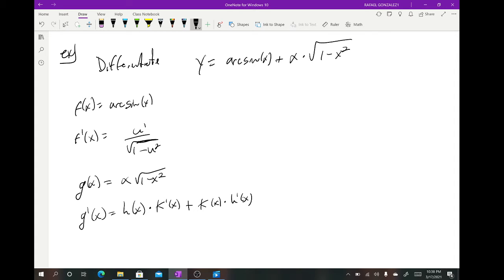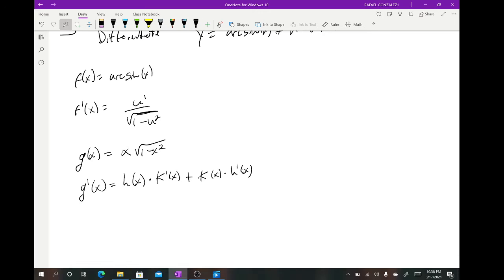So here you could let h of x be x, and you could let k of x be the square root of 1 minus x squared. To take the derivative of g, we have to do the product rule.